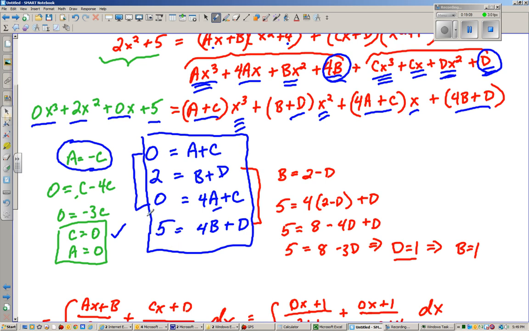And similarly, if I take the second and the fourth, you have two equations and the two variables are b and d. So the second equation suggests that b equals 2 minus d.